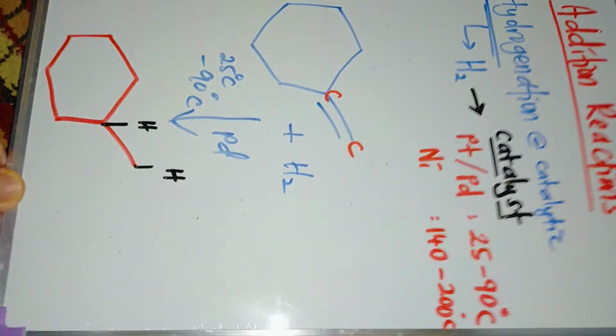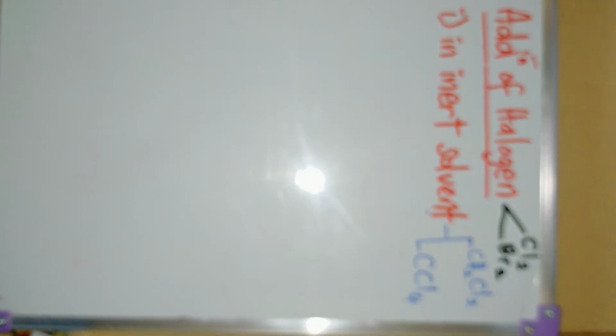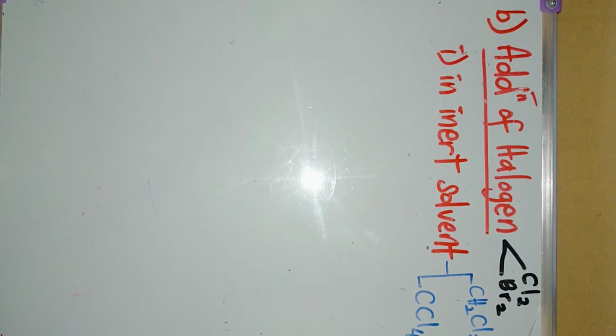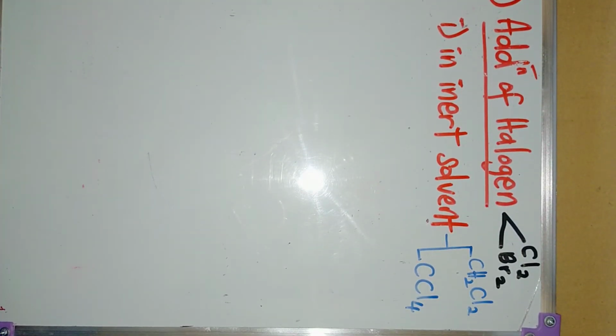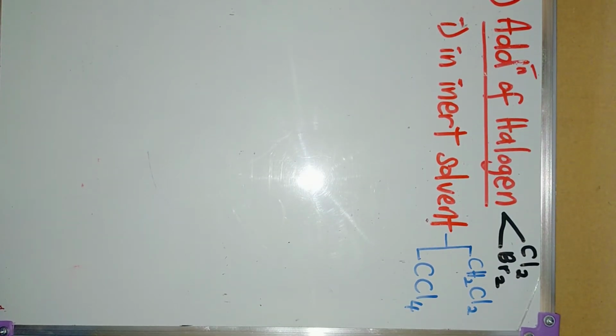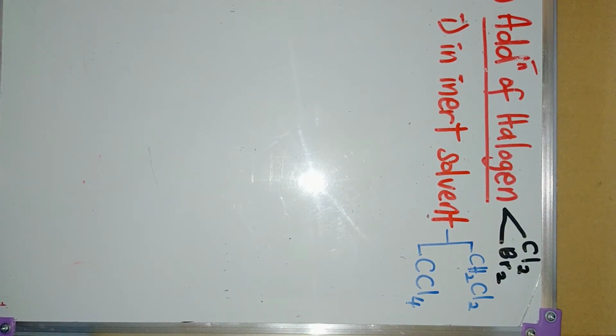So we move to the second reaction, which is addition of halogen. The halogens used here are chlorine gas and bromine gas, while iodine gas and fluorine gas are not used: iodine is less reactive, while fluorine is too reactive and may cause explosion.